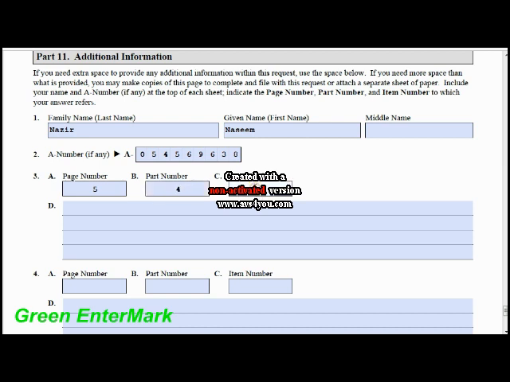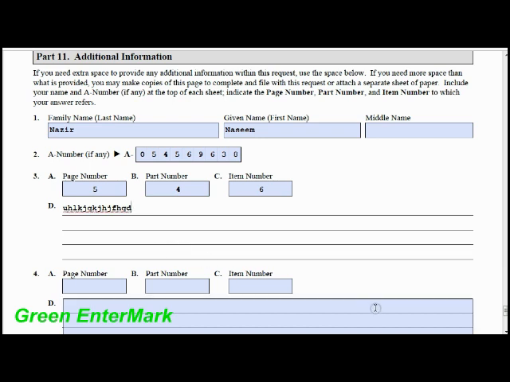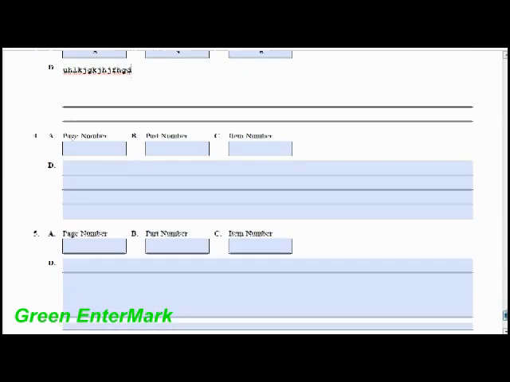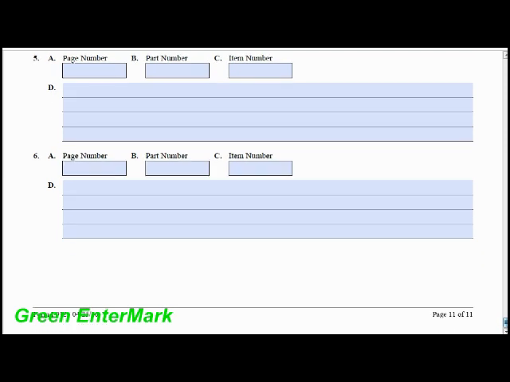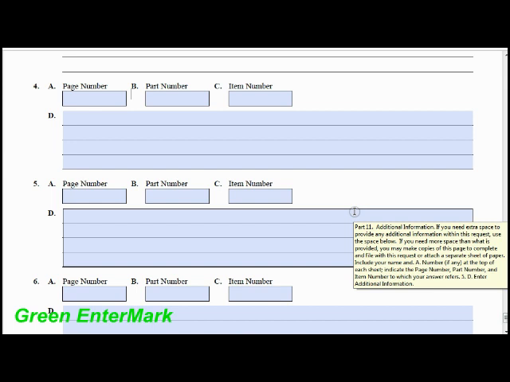Item number means the question for which you are giving the answer and have a problem of low space. You have to mention the question number here, and after that you mention whatever information you need, just like 4, 5, 6. Okay, part 11 is for more space if you want to add more information.